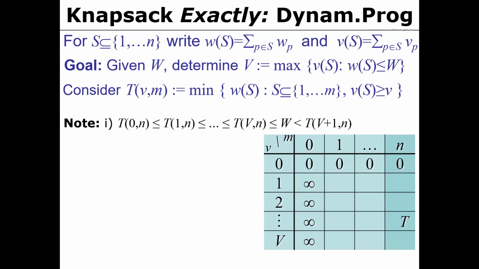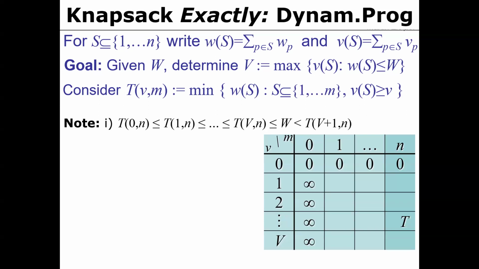Well, any column has this monotonicity property. By definition of the table entries, the table kind of solves the minimization variant. So the definition is we want to achieve value v, where v denotes the row of the table. What is the least weight that we need of the packets in order to achieve this value? So we want to solve the maximization problem, but in the dynamic programming approach, we actually solve the minimization variant.